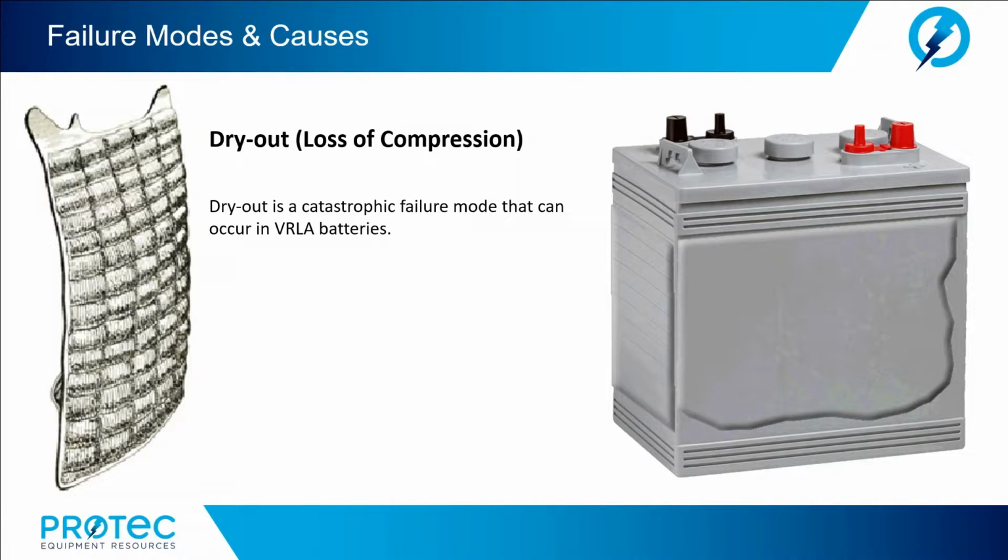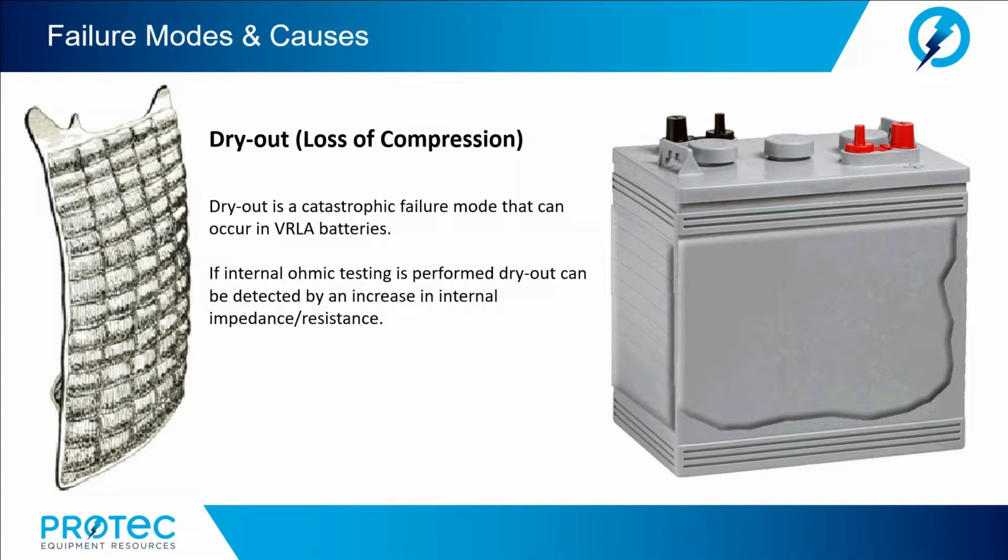This physical deformation causes separator and plates to lose compression. Gel cell electrolyte dries and cracks, losing contact. Now, if ohmic trending is performed, dryout can be detected by an increase in internal ohmic value. Dryout is commonly caused by overcharging and elevated temperatures.